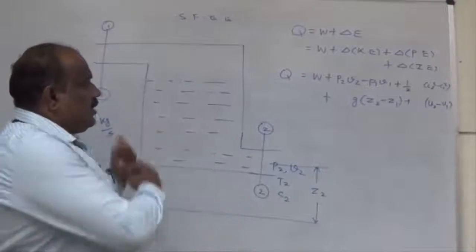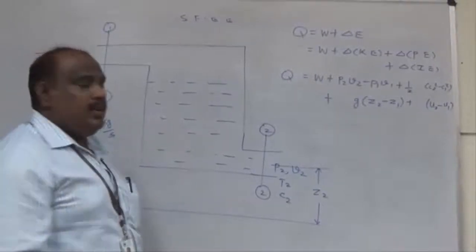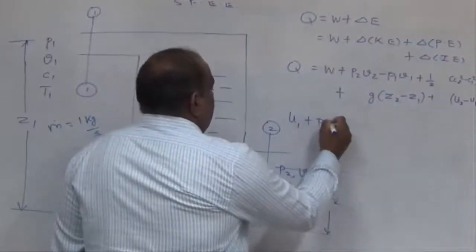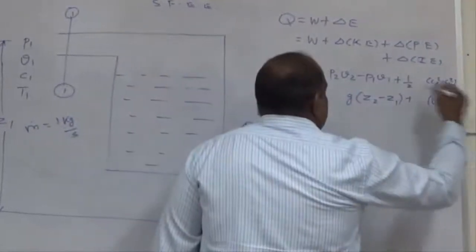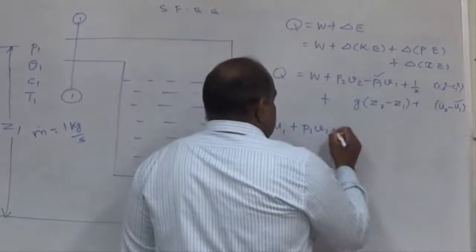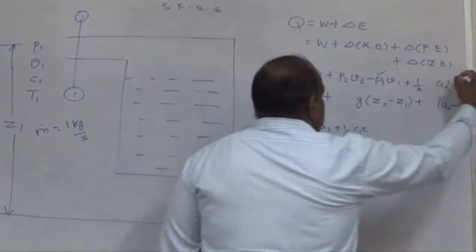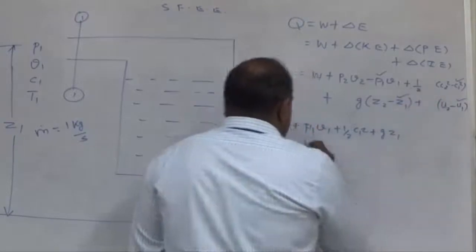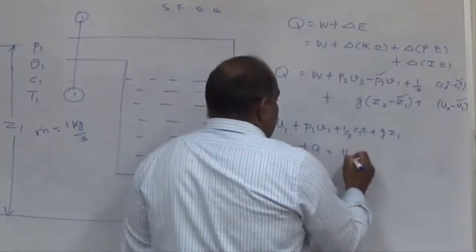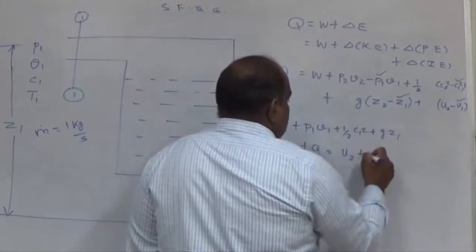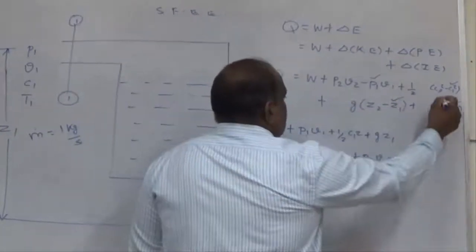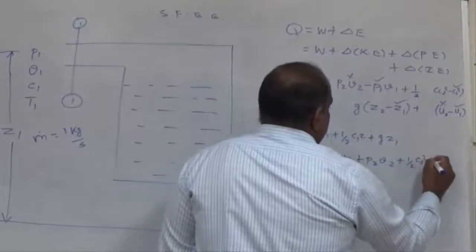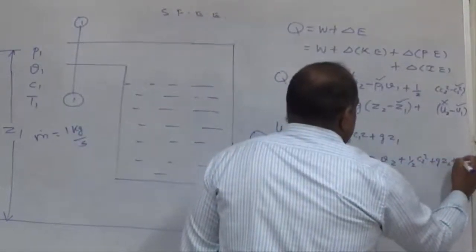As I told you earlier, you bring all the terms to one side, so it becomes u1 plus p1 v1, plus half c1 squared, plus g z1, plus q equal to u2 plus p2 v2, plus half c2 squared, plus g z2, plus w.